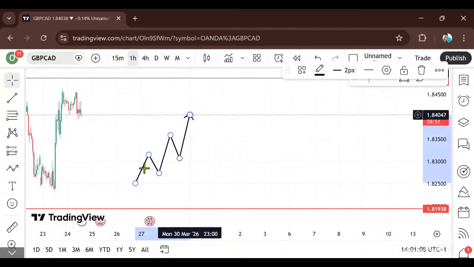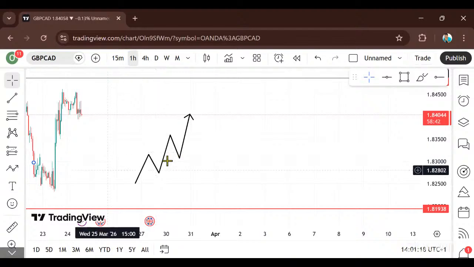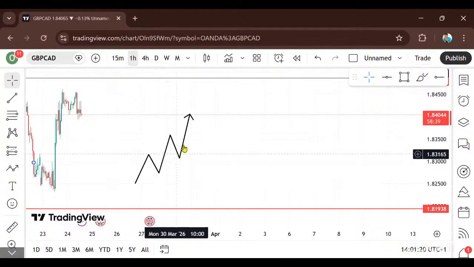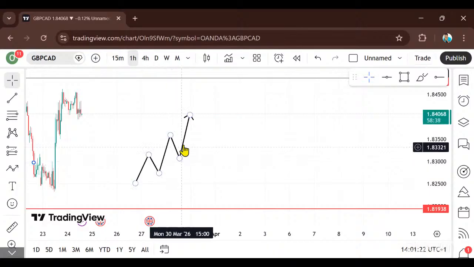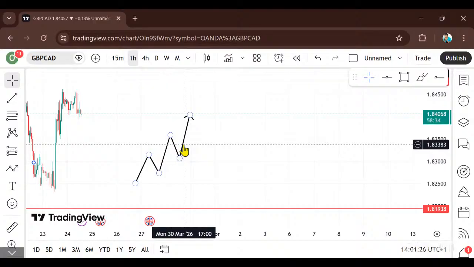Once this particular high is higher than the previous high, we say that the market is going up. So we are going to be using our strategy to be buying. It is very important. Make sure you stay to the end of this class because I'm going to head over to my chart and show you guys how this thing plays out.